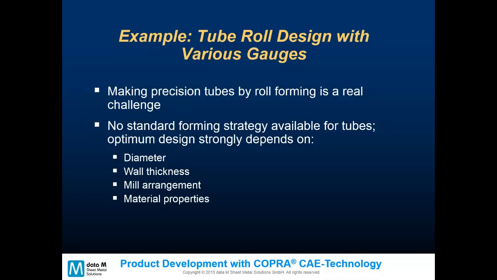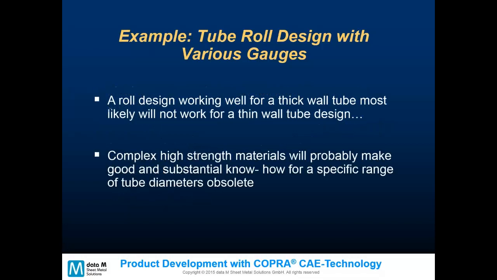There's no standard forming strategy available for tubes, and the optimum design strongly depends on the diameter of the tube itself, the wall thickness, the mill arrangement, and material properties. A roll design working well for a thick wall tube most likely will not work for a thin wall tube design. And complex, high-strength materials will probably make good and substantial know-how for a specific range of tube diameters obsolete.